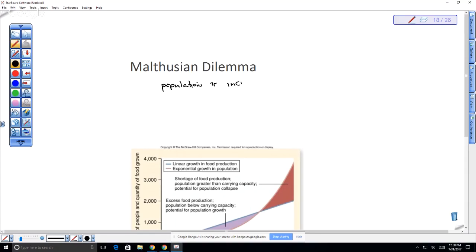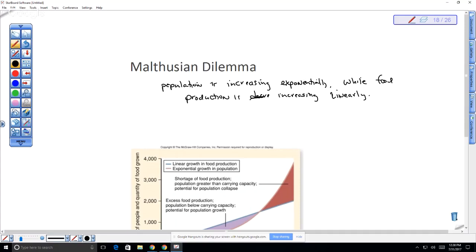He saw this in Europe, in England: the population is increasing exponentially, while food production is increasing linearly. So it is not going to keep up. His idea was that humans were going to overshoot the carrying capacity.